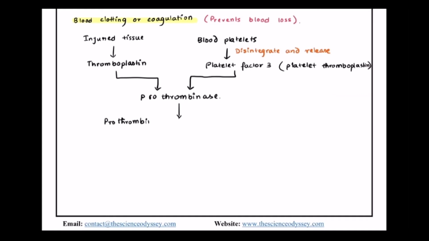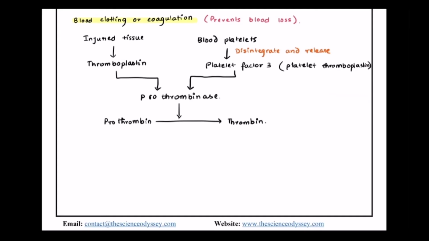Now this is the inactive form of the protein, and this is going to be activated to form thrombin. Right, so prothrombin, whenever there is a pro, it is the previous stage of that protein, and most of the time it is inactive. So the prothrombin is going to form the thrombin.